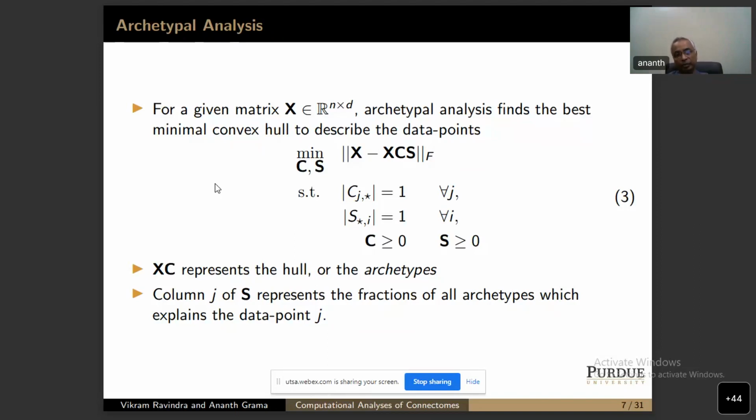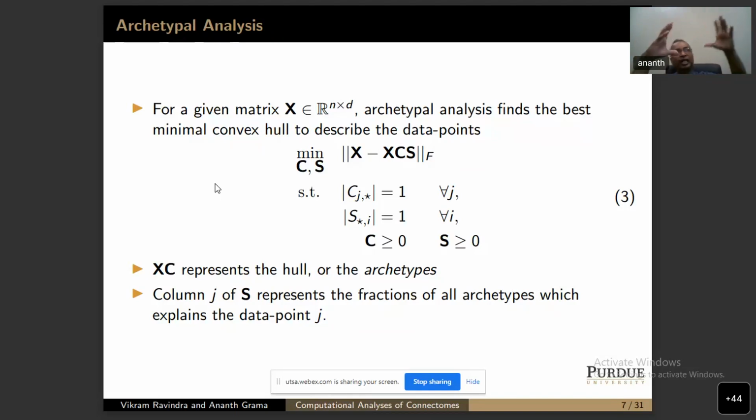We use a matrix decomposition called archetypal analysis, and this is actually kind of cool. So conceptually, the way to think about archetypal analysis is think of a bunch of points in very high dimensional space. In this case, let's say 30,000 dimensional space, and think of the extremal points as being archetypes.